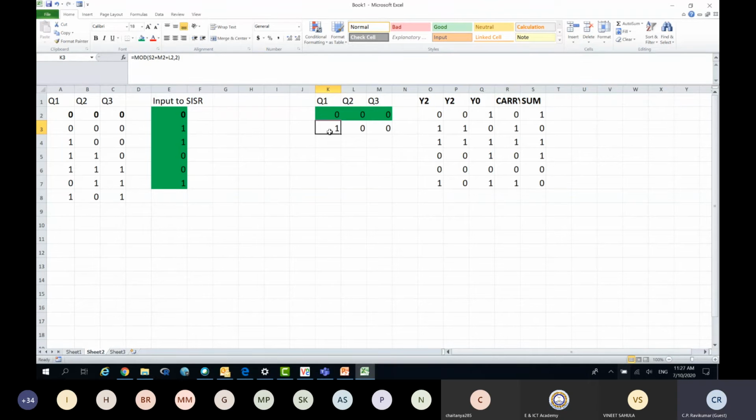We can call it as some signal, right? So maybe I can show it to you like that. This is the XOR of Q2 and Q3. And I'm going to take that signal here.